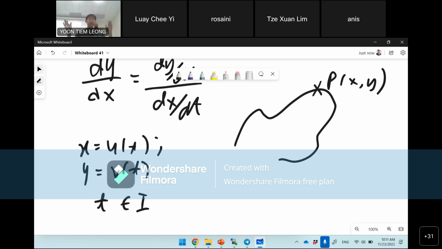So the interval is from some number to some number. I'll just write I to represent the interval which the parameter t can take.